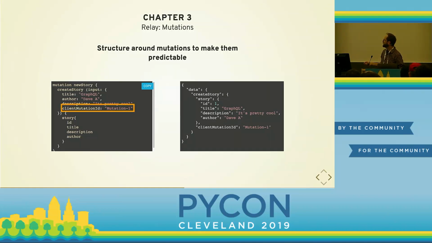It has this client mutation ID, which is just whatever we want it to be as a client. So I might call it mutation 1. And when we send back the data, we just say, hey, this is the result for the mutation that you asked for, this mutation 1. Internally, that's used by Relay for tracking purposes, but not really important for most clients.